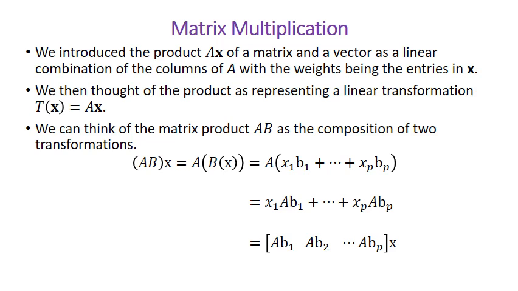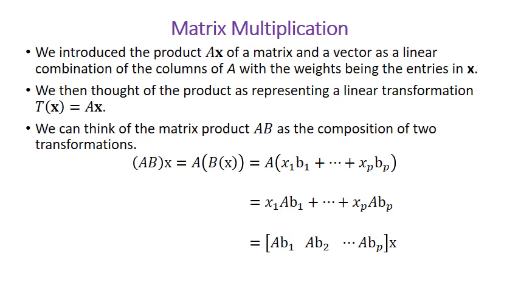Now, matrix multiplication is actually a bit more complicated than adding and subtracting and scalar multiplication. So this is basically saying one matrix times another. So this is different than scalar multiplication.